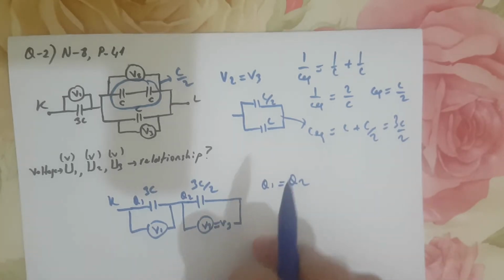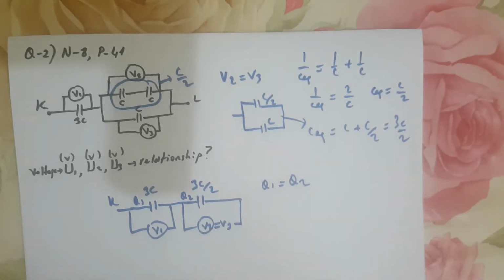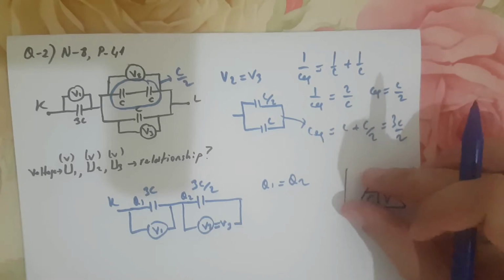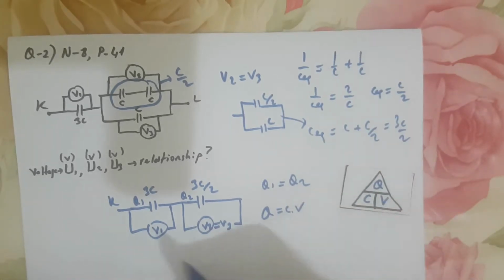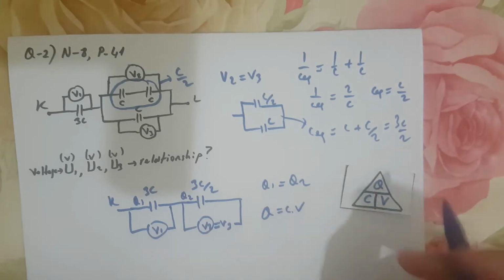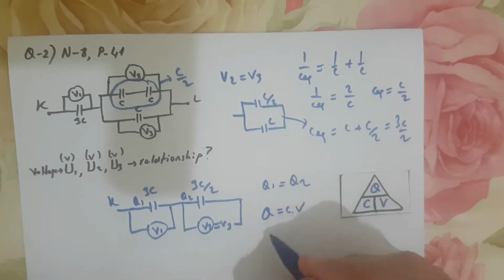So what's the relationship between Q, C and V? Q is equal to CV. So for each one, V becomes Q over C.